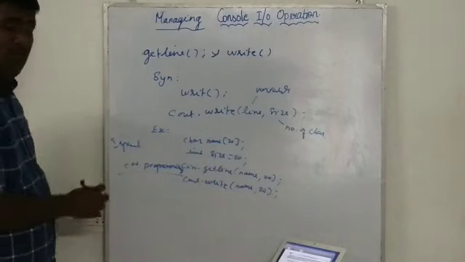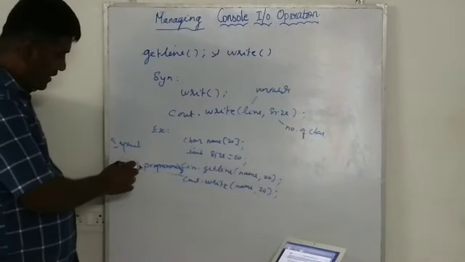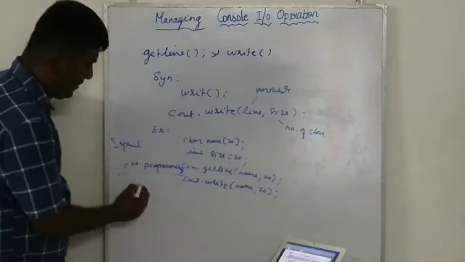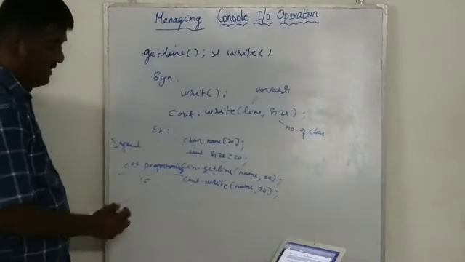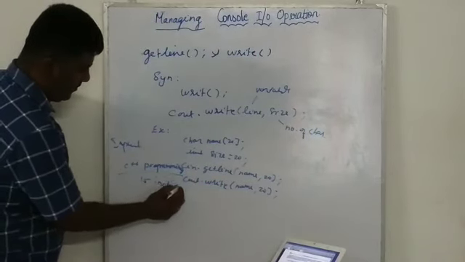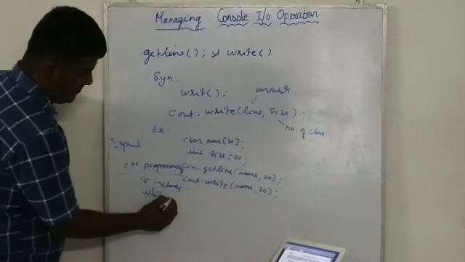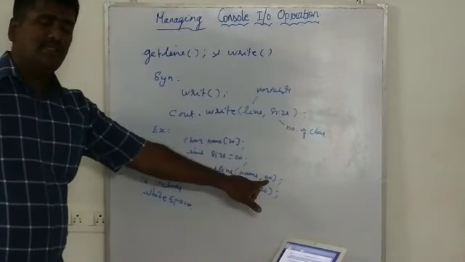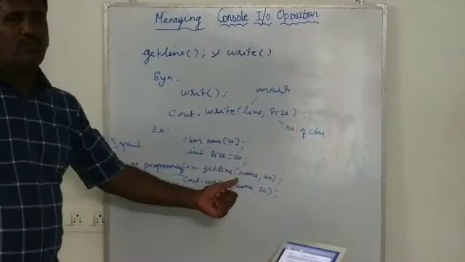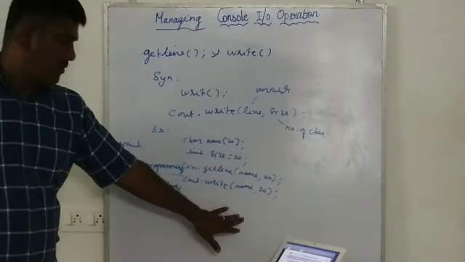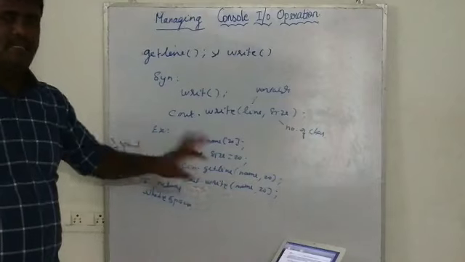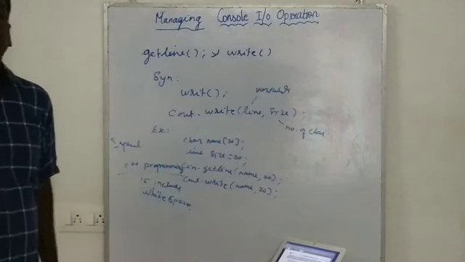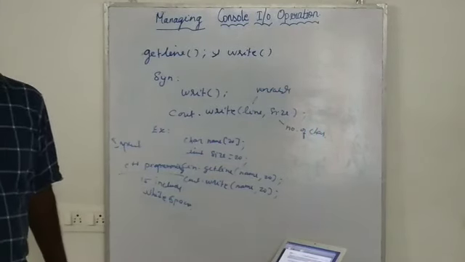How many characters are present here? 1, 2, 3, up to 15. So here there are 15 characters including white space. We created the size as 20, so the whole C++ programming will be displayed as output. So here cin.getline is getting the input of the whole line, and cout.write is printing the output of the whole line.